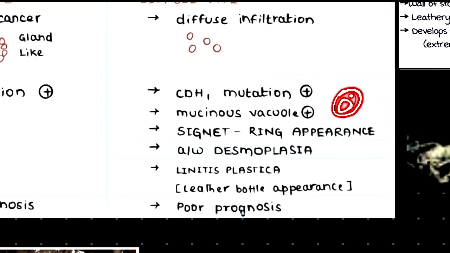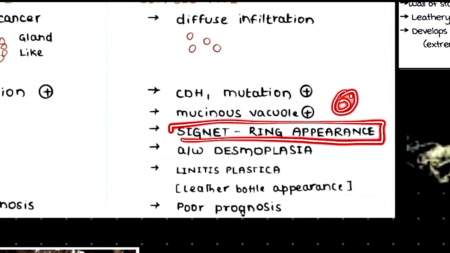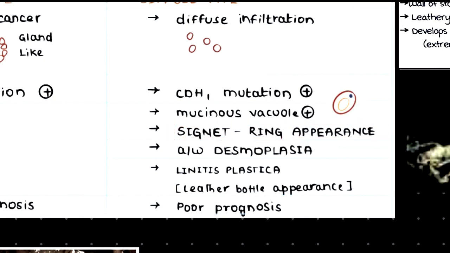This mucinous vacuole in our tumor cell will push our nucleus to the periphery. As it pushes the nucleus to the periphery, this structure will be seen as signet ring appearance.